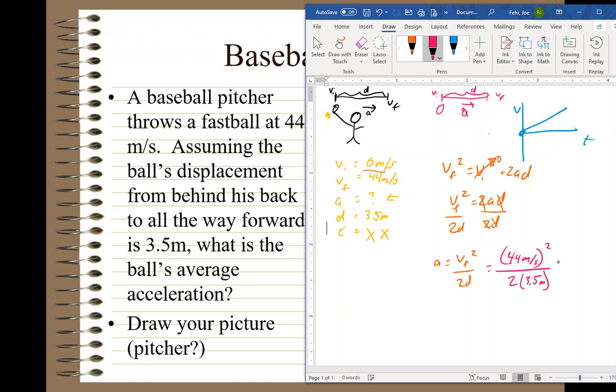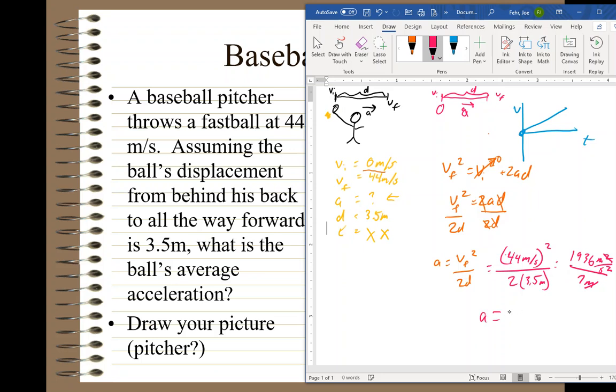You tap that into your calculator, that's 1936 meters squared over seconds squared over 7 meters. Notice I am keeping the units with me, and the meters squared cancel out with the meters there.